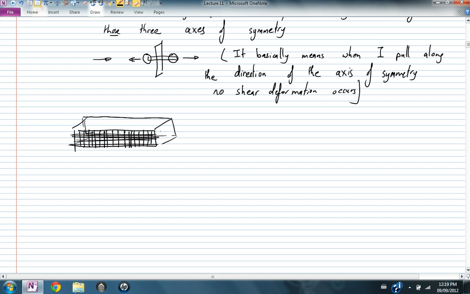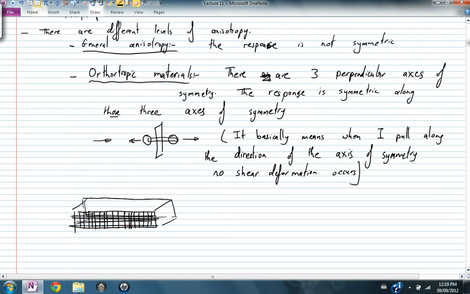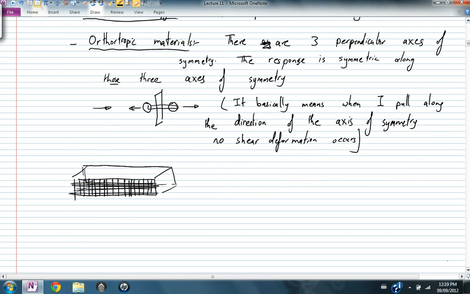The third type of anisotropic material is called transversely isotropic materials. So we've got general anisotropic materials, orthotropic materials, and then we have transversely isotropic materials.